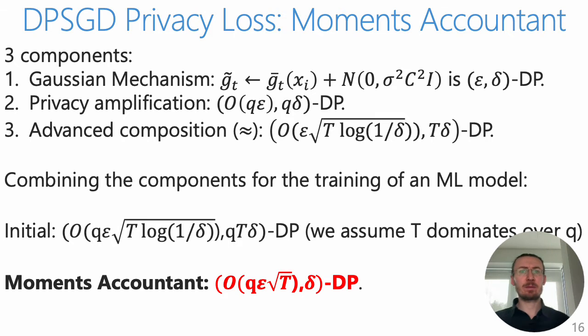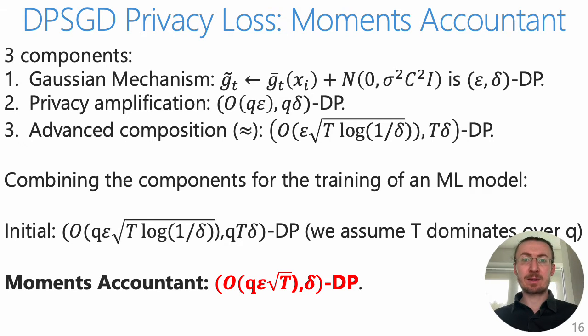So we have 3 mechanisms used during the training of the ML model. The first mechanism is the Gaussian mechanism, where we add the Gaussian noise to the clipped gradients. And remember that we clip the gradient to limit the sensitivity, so limit the impact of a single example on the trained model parameters.